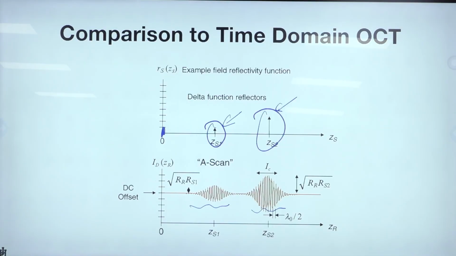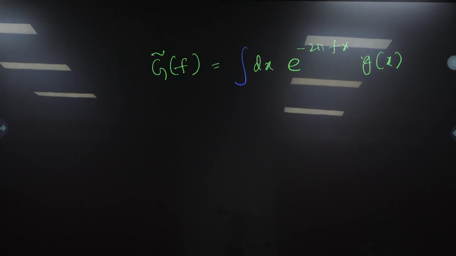Remember, what's the equation of the Fourier transform? Let me write a two-dimensional integral of dx e to the minus j 2 pi fx. This will be G of f equals this, right?